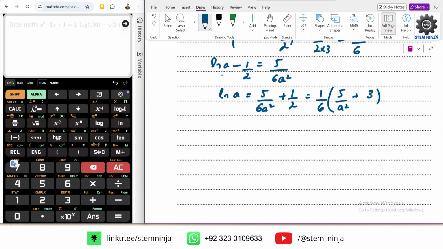Now we take e raised to the power on both sides, so a equals e to the power of 1 over 6 times 5 over a squared plus 3, and that's what we needed.